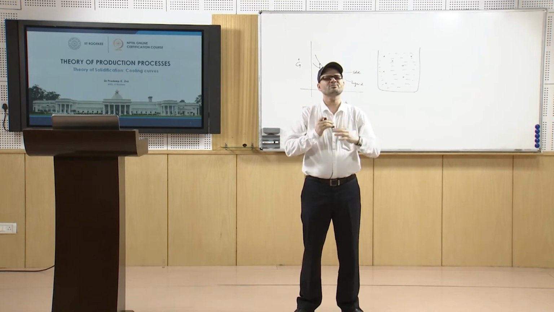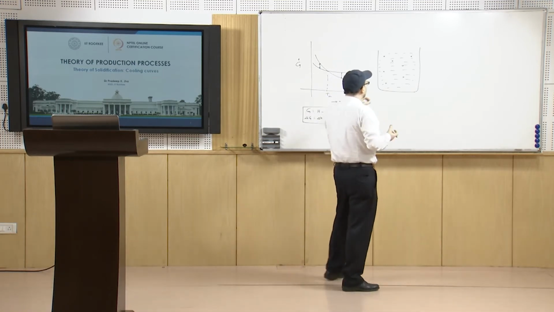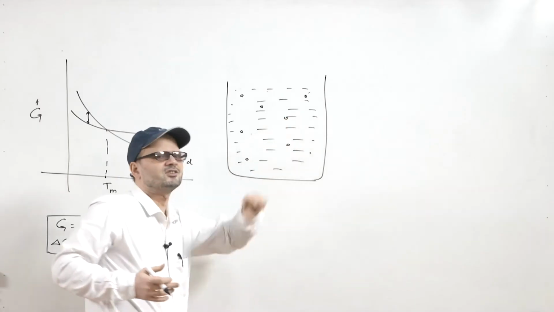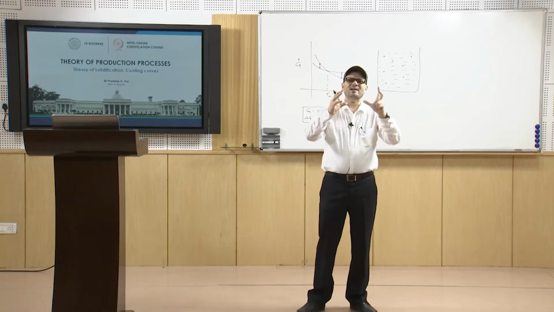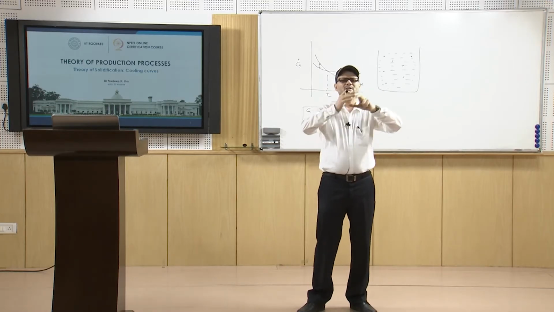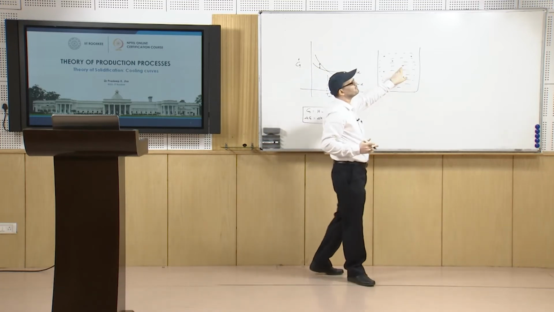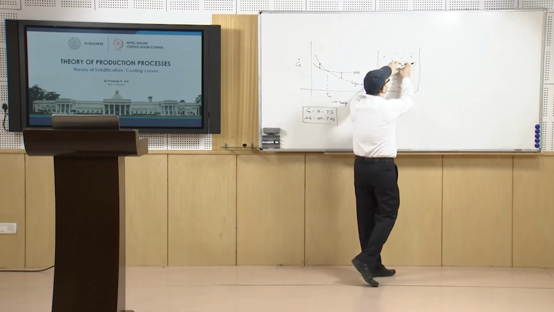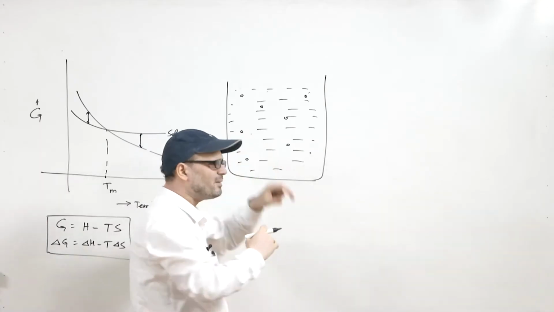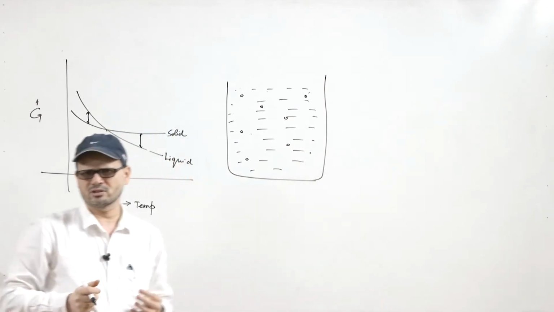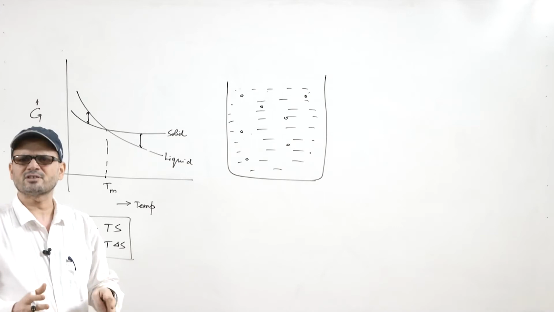Creating a surface requires energy, whereas creating a volume does not require extra energy. So you have a favorable condition for volume creation, whereas you have an unfavorable condition for surface creation. These are two contrasting conditions.